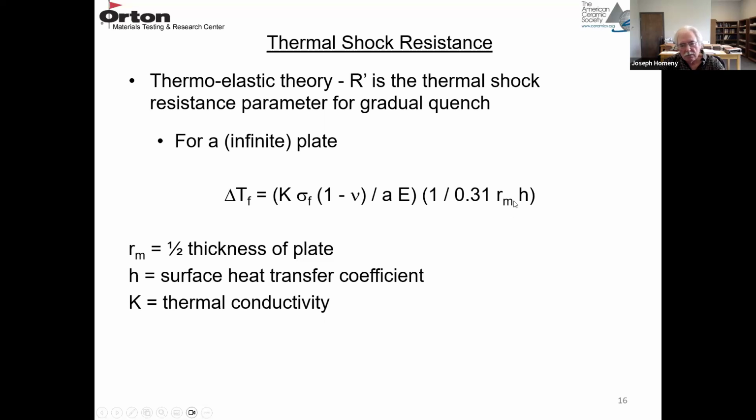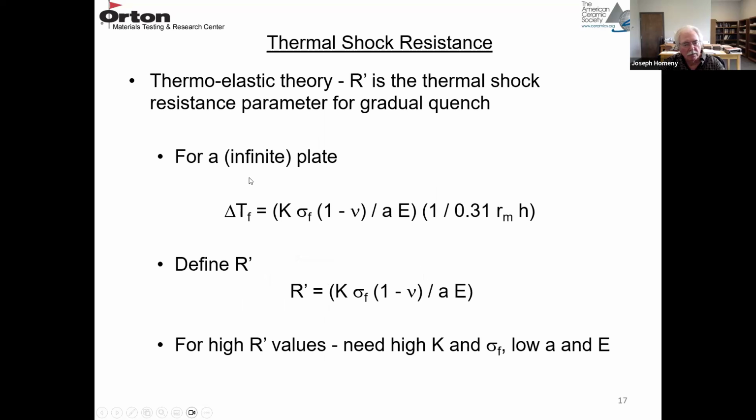So you can see in the denominator, the bigger the sample, the smaller the delta T. And the conductivity, the higher the conductivity, the higher the delta T. So for this infinite plate, we have this equation, and R prime is defined by the first part of this equation, K, the thermal conductivity times sigma F, the fracture strength, 1 minus nu, the Poisson's ratio, divided by A, the thermal expansion coefficient, and E, the Young's modulus.